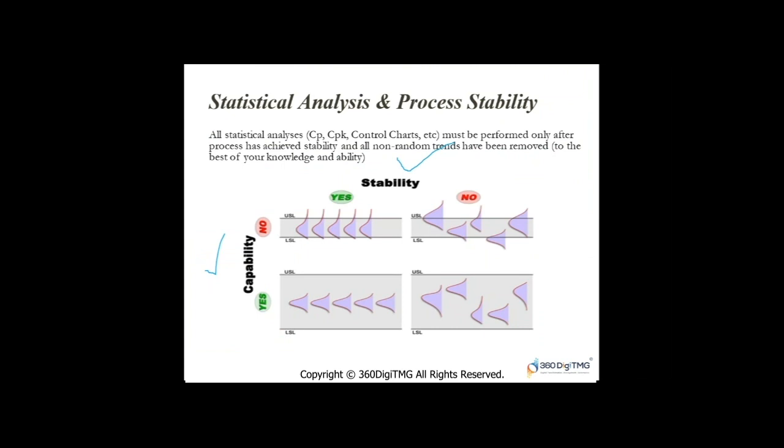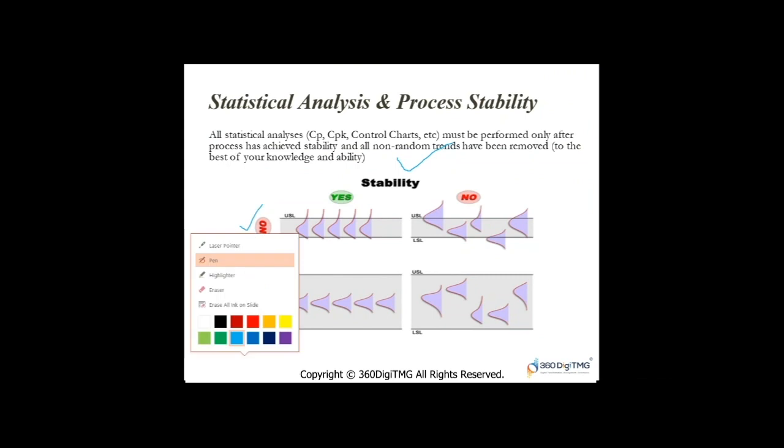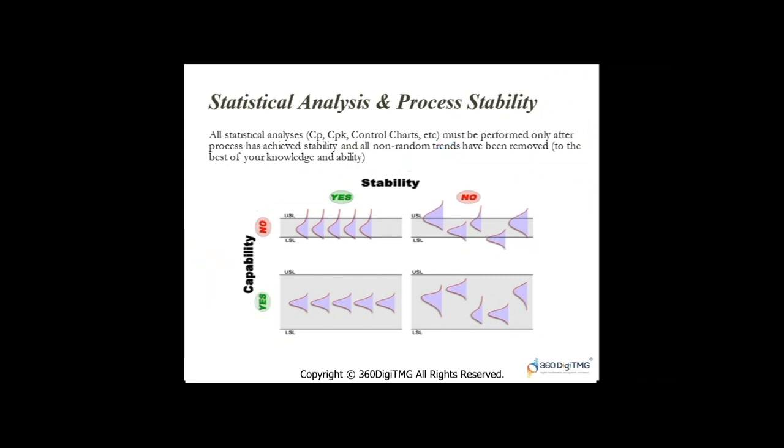How does a process look if it has high stability and low capability? This is how it looks like. Values are consistently falling outside your specification limits on either side. But it's stable, all look alike.